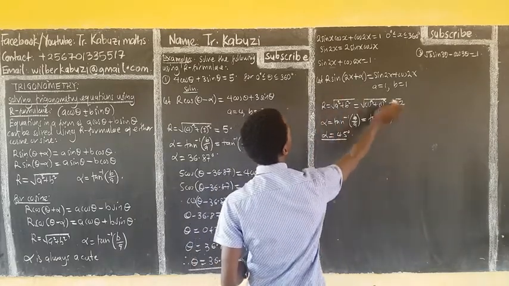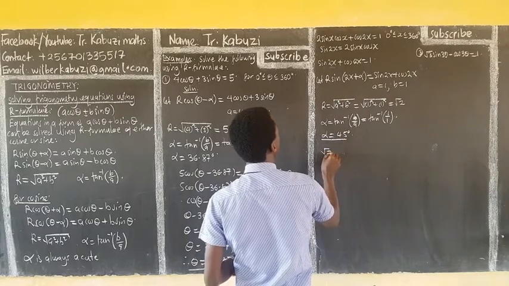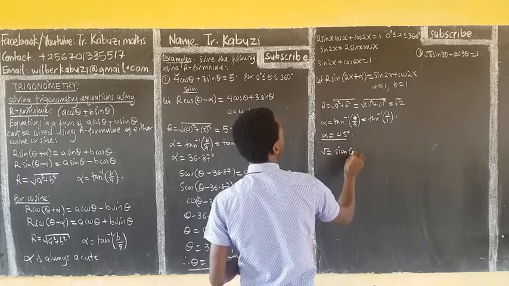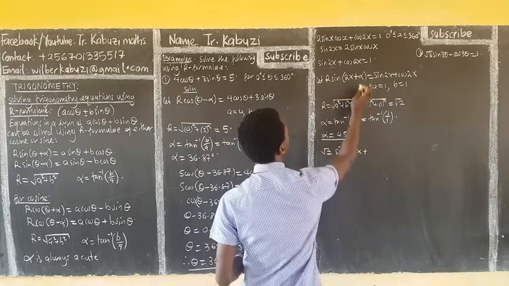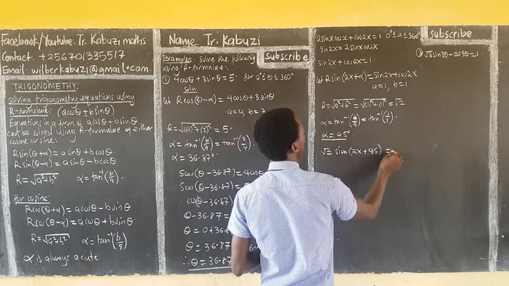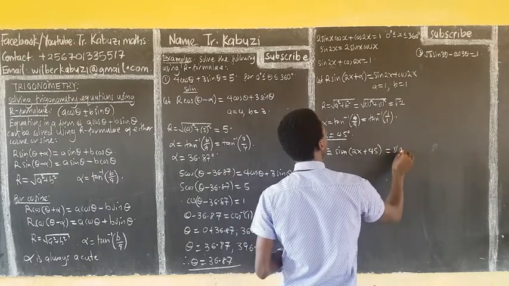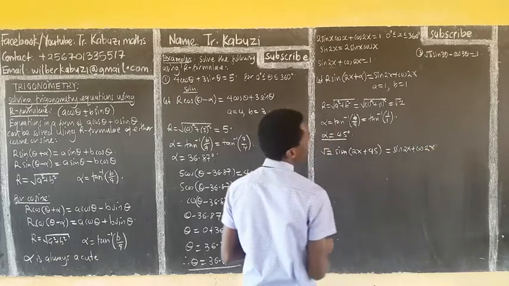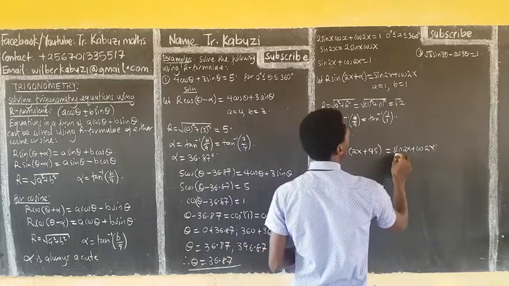So the whole of this is root 2. So root 2 now, my sine 2x plus my acute angle, which is 45, equals sine 2x plus cos 2x. But now, in the question, note that the whole of this is 1.